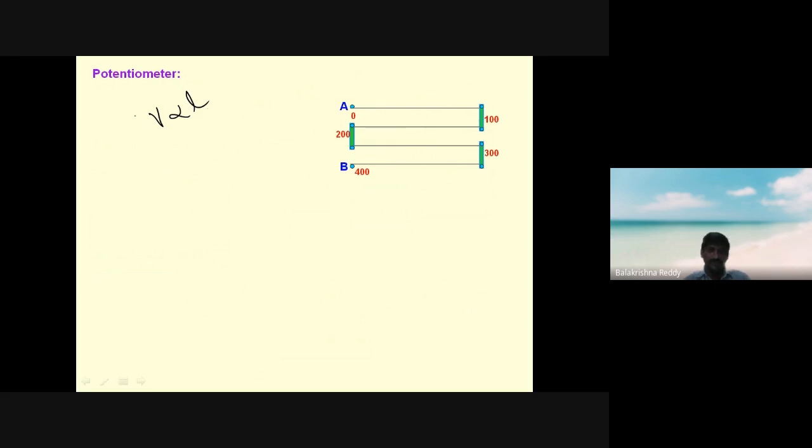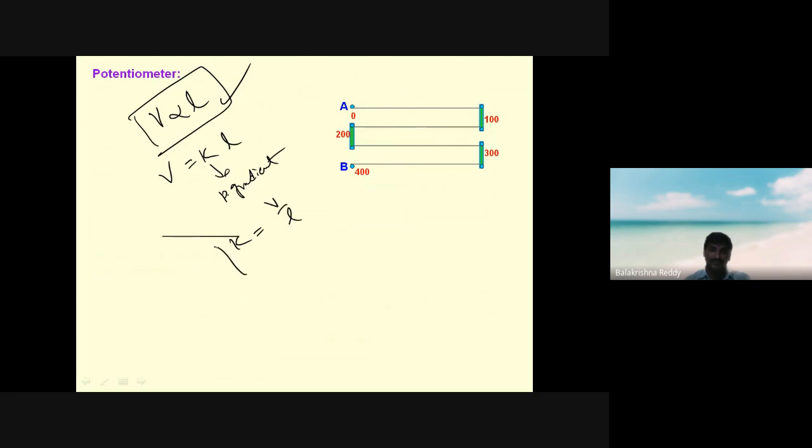This we call the potentiometer principle. So V is directly proportional to L, which means V = KL, where K is a constant called the proportionality constant or potential gradient. Therefore, K = V/L. The units are volt per meter.